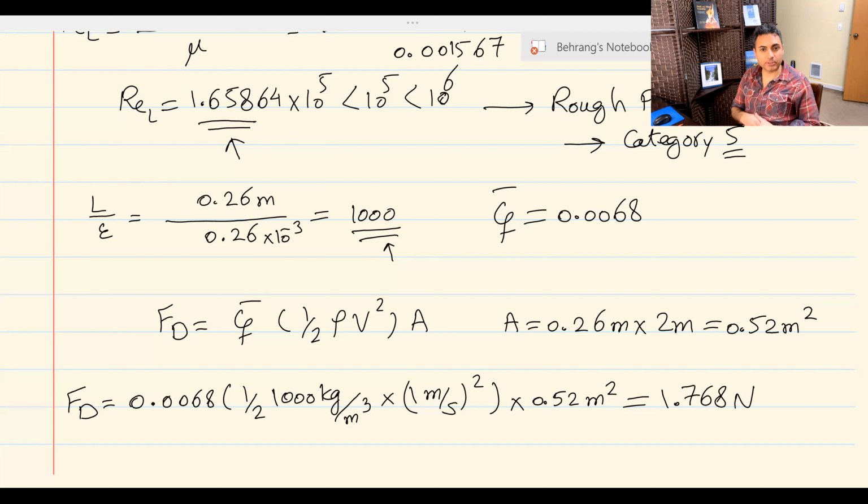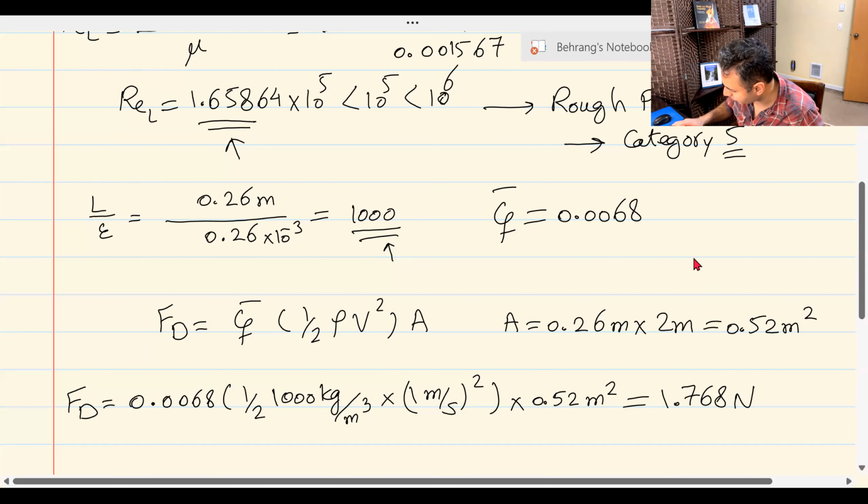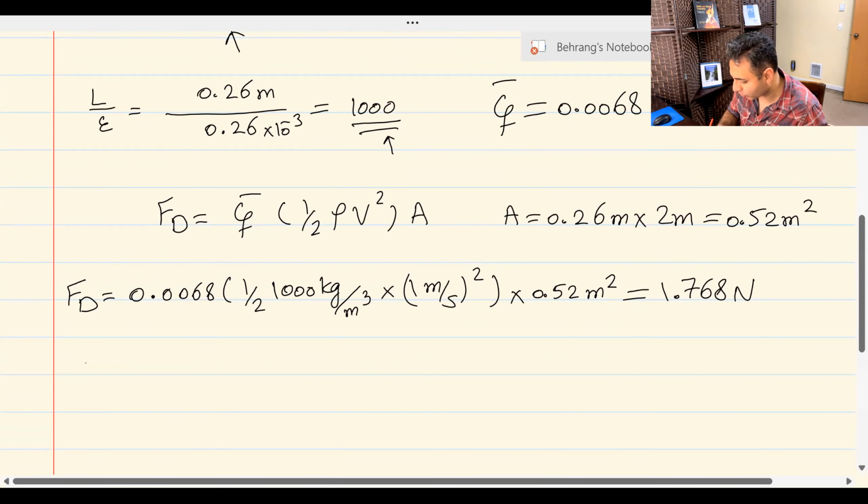Yes, in this case, epsilon over L is definitely more than 10 to the negative 4th. In fact, it is 10 to the negative third, which is more than 10 to the negative fourth.